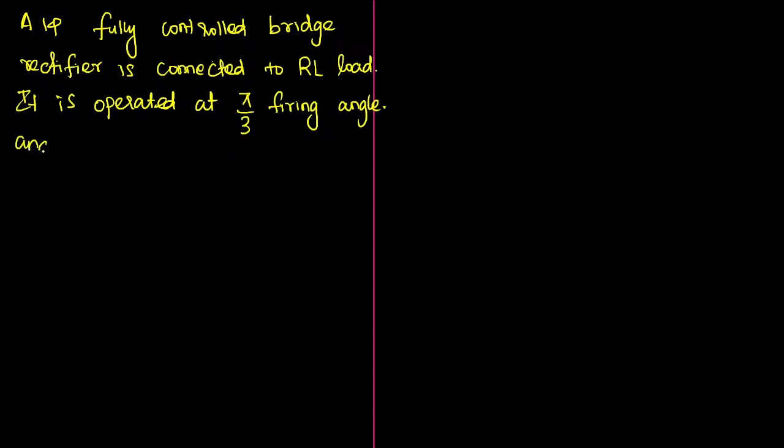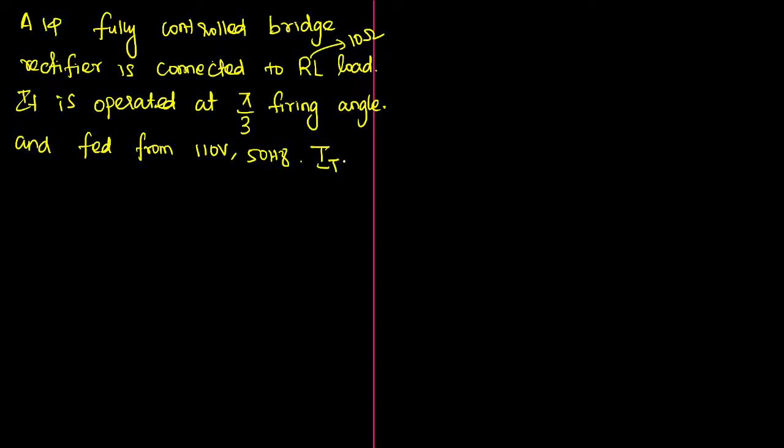And it is fed from 110 volt supply, 50 hertz frequency. This is AC supply. Now the question: it is an RL load where the value of R is given as 10 ohm. What is the average value of thyristor current?